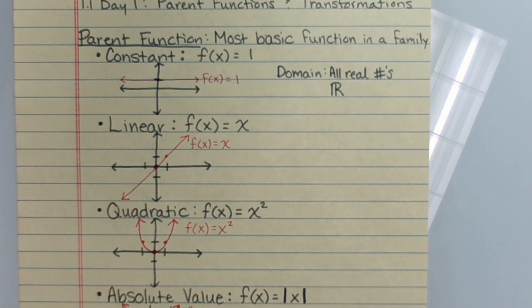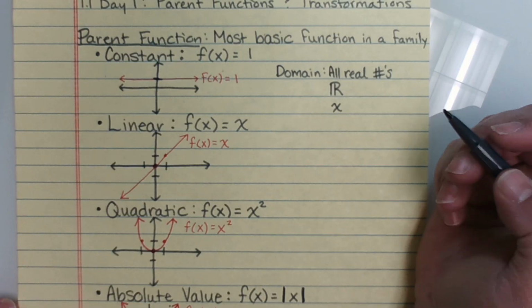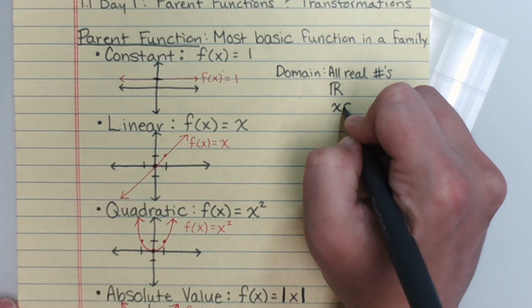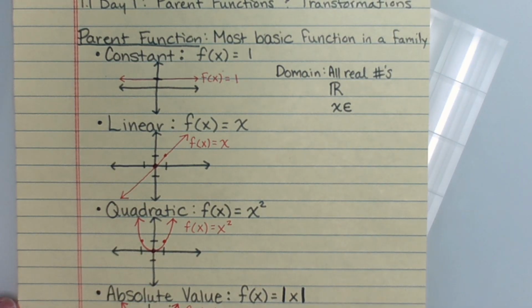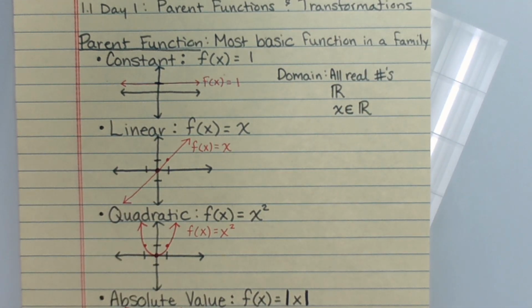Or there's the really fancy way that says the x values, because that's our domain variable, this funky looking E, which means exists within, and then the double bar R. Ooh, I did not give myself enough space to talk about range.